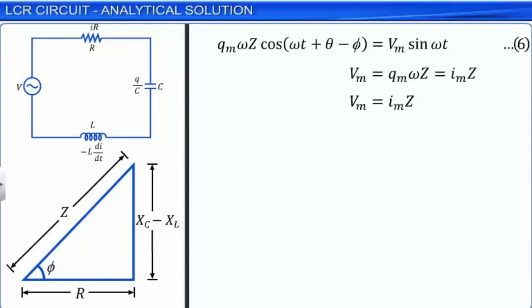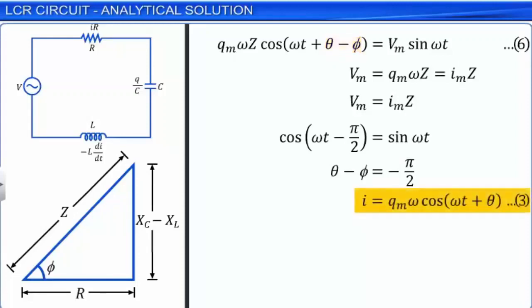From equation 3, for the instantaneous current, I is equal to Qm omega cos(omega t plus theta). Since Im is equal to Qm omega, we get I equal to Im cos(omega t plus theta). Since theta minus phi equal to minus pi by 2, we have theta is equal to phi minus pi by 2.